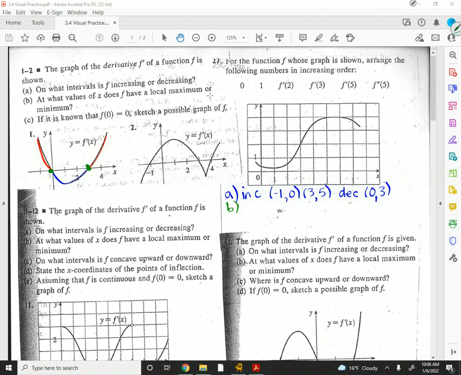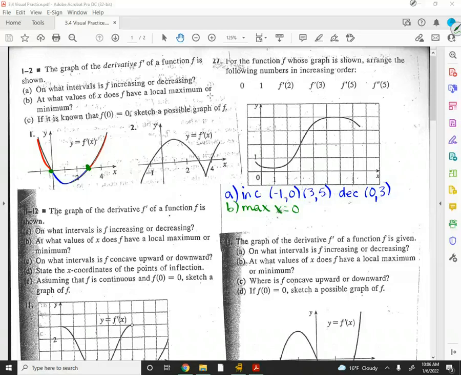So at these 2 points, there could be extrema. So if we look at this left one, it goes positive to negative. So increasing to decreasing, that would be a max. So there's a max, and it's at x equals 0. We don't know the y value because this is just the graph of the derivative.